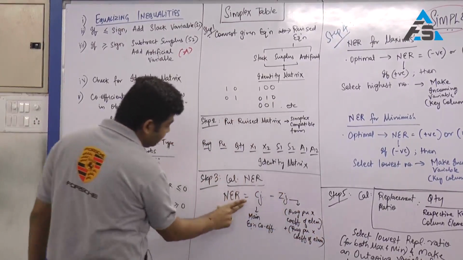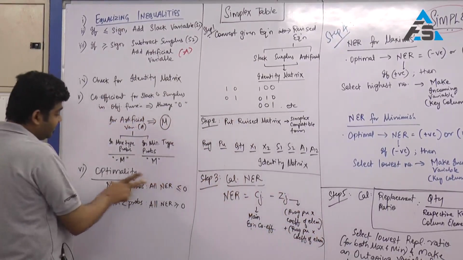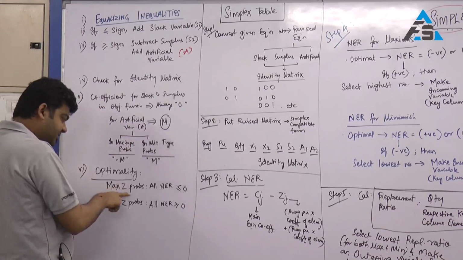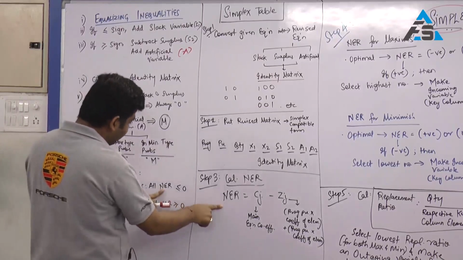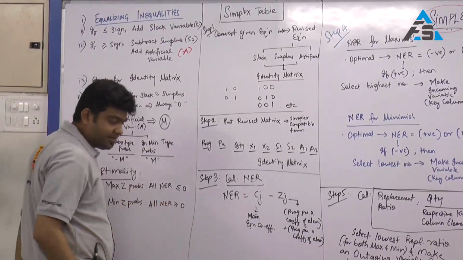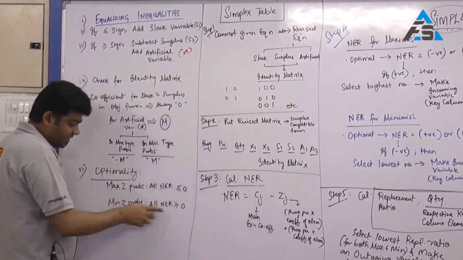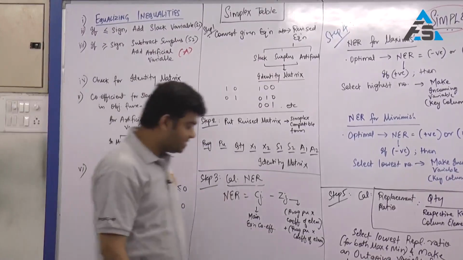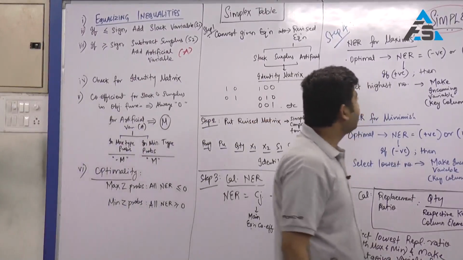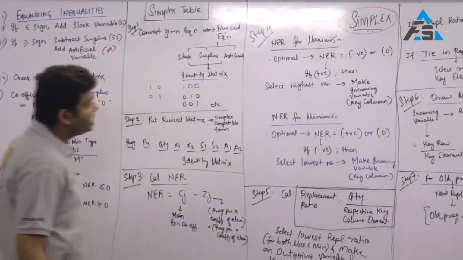Cj minus Zj gives you NER, and NER will give you optimality. So in a maximization type problem, if this NER is less than or equal to 0, then I will say I have reached optimality. If in a minimization type problem all NER is greater than or equal to 0, we will say we have reached optimality. If we reached optimality, fair enough.